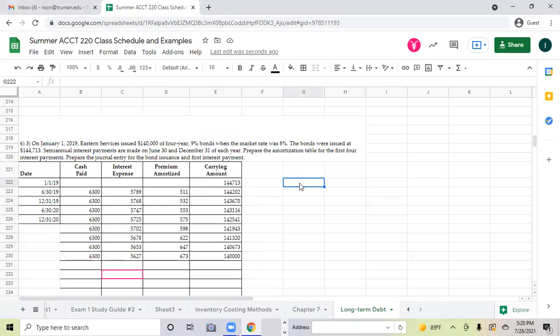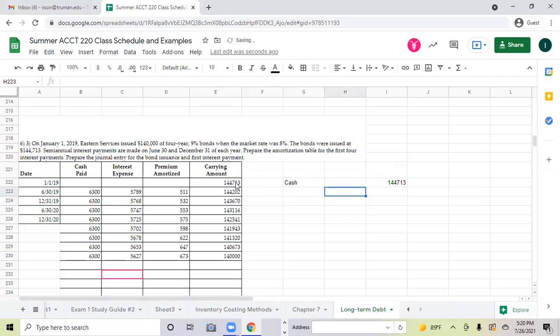Cool. So then the next step we had to do is journal entries. The very first journal entry is when we issue the bonds. Remember, with any kind of debt we're receiving some type of asset, and in return we're recording a liability, which just means we have a future obligation. So we are receiving cash, and we're recording the carrying amount, the amortized amount.